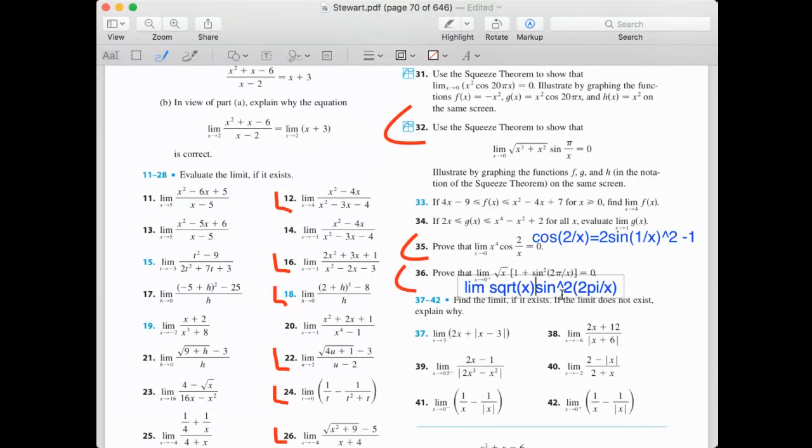So we can use that. We manufacture the square term of 2 pi over x, then we simplify from there. Then we can analyze from there.